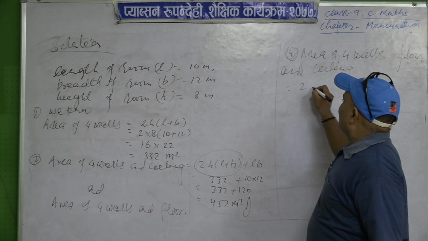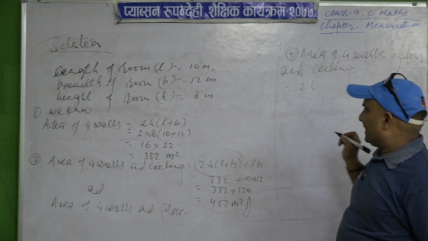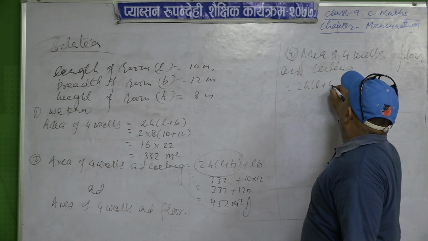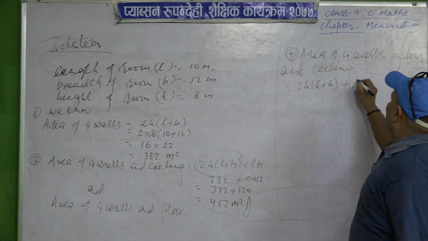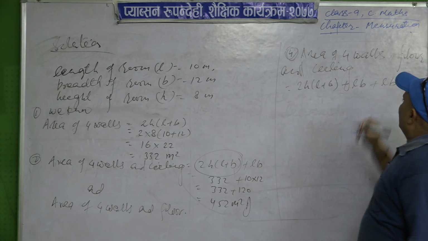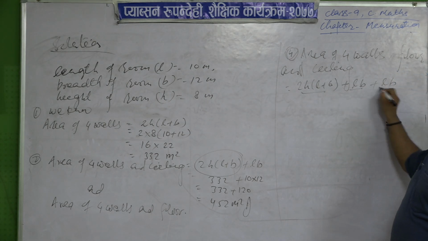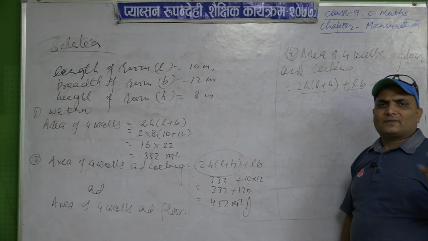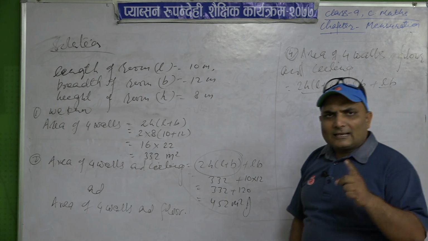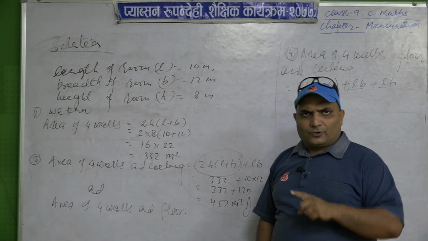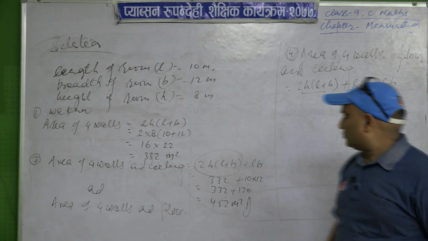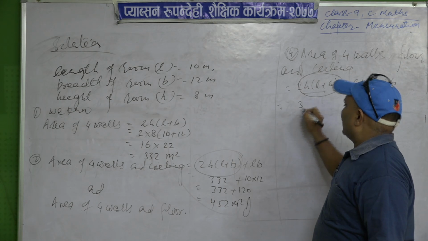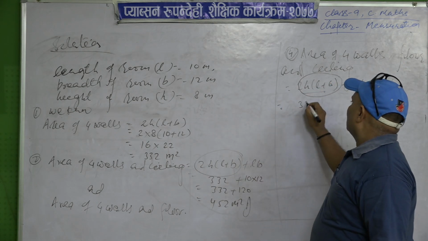We can directly use the formula as 2H(L plus B), then plus LB again LB. Okay, or we can directly use the formula for total surface area of cuboid, like 2(LB plus BH plus HL). Okay, we can directly use that formula also. The value of this part is directly we can write 352.